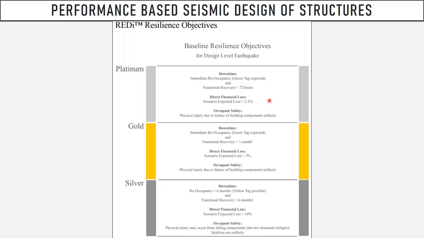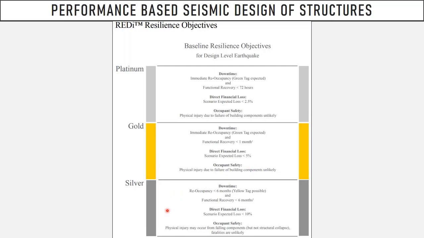For instance, if you have a direct loss less than 2.5%, recovery day less than 72 hours, and physical injury due to physical building components unlikely in your occupancy safety, you have platinum. But once the functional recovery time and loss increase, you go to gold and silver.